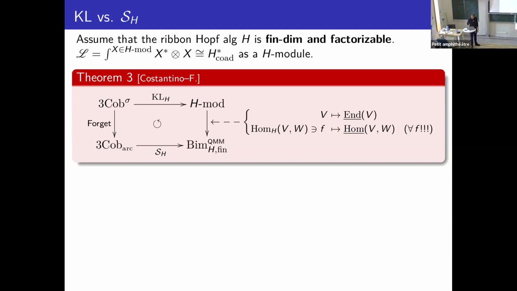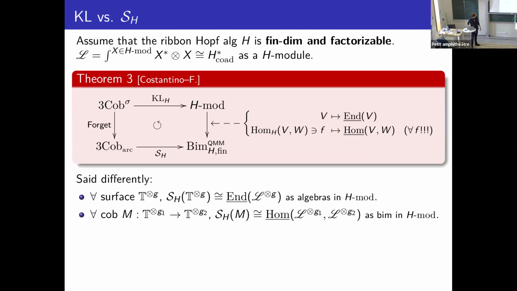So you see, you forget a lot of information here, because all morphisms go to the same thing. And so it means that to any surface, as algebras, you have this, okay, because T tensor g goes to L tensor g by Kerler-Lyubashenko, and then by the vertical arrow, you go to the internal End.